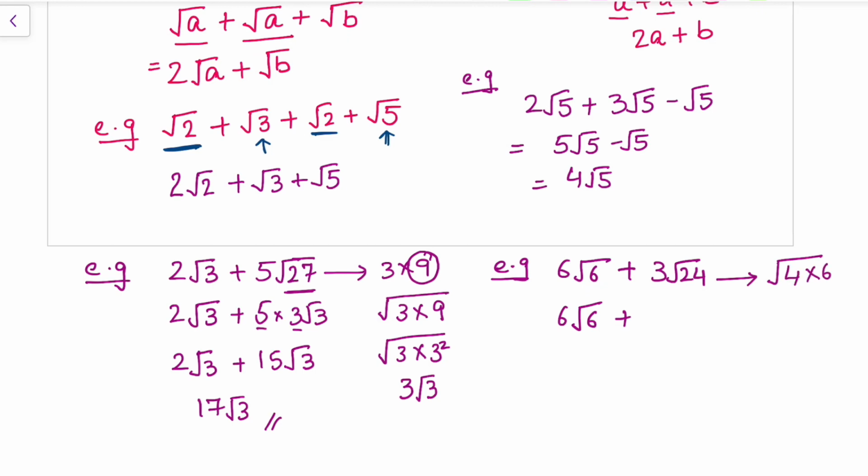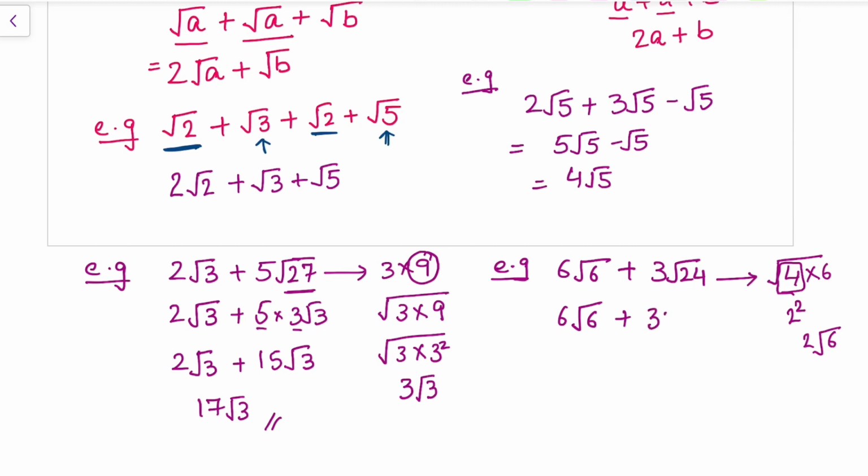Here the rule is we try and find one of the factors as a square. Here 4 is a square number, because 4 can be written as 2 squared, and then it will come out of the square root. It will leave as 2 square root of 6.